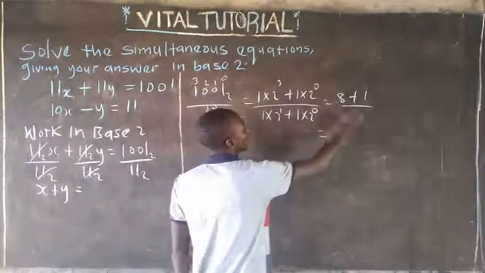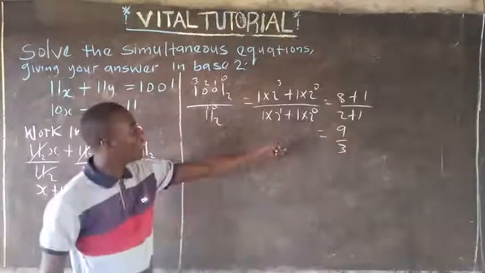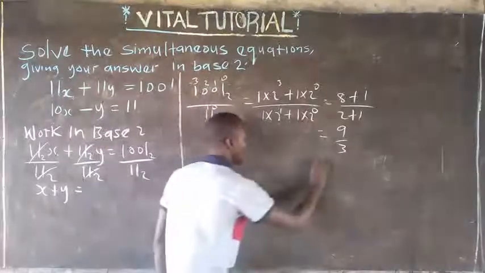This is equal to 8 plus 1, which is 9, over 2 plus 1, which is 3. 9 divided by 3 is nothing but 3.